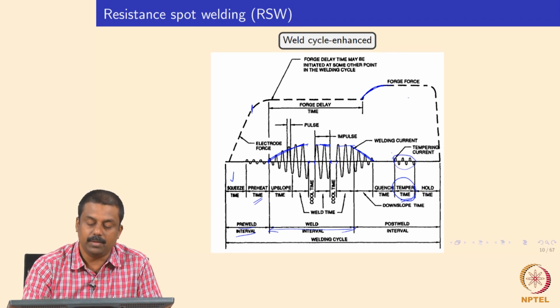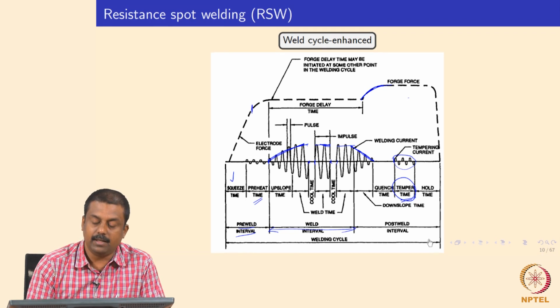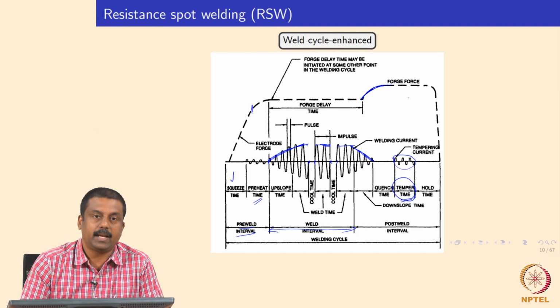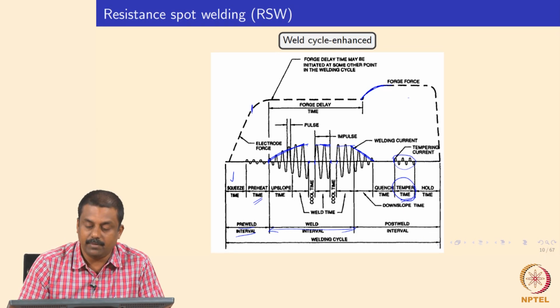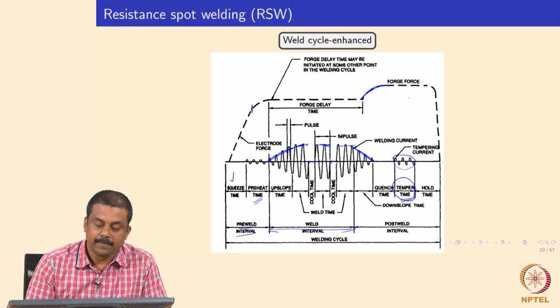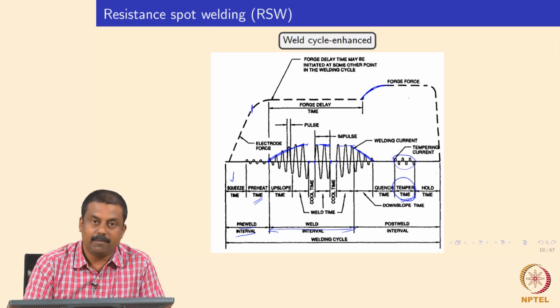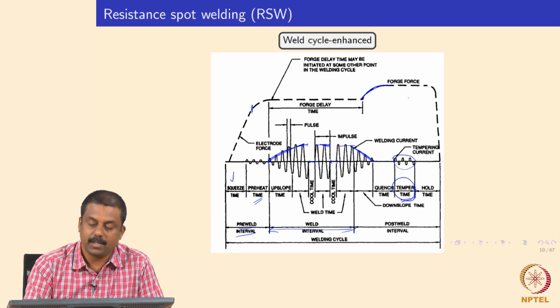So everything is possible, and the entire cycle can be completed within a second or so, or not more than a few seconds. The entire thermal cycle of a weld nugget formation can be altered based on our needs. For example, as I explained, if you want tempering of your weld nuggets, we apply a small post-pulsing current.